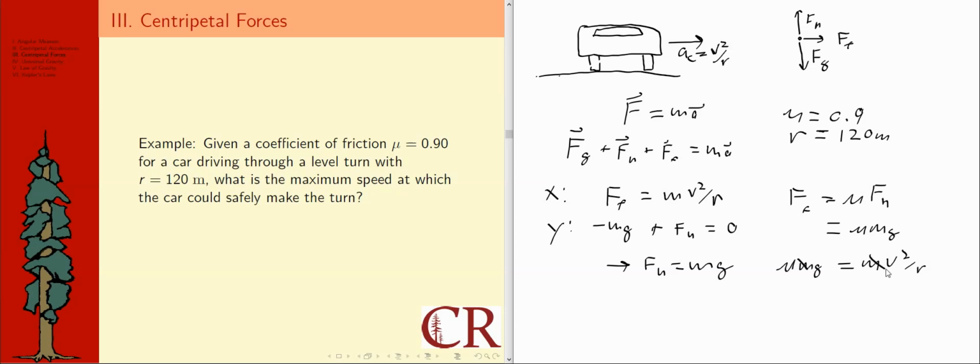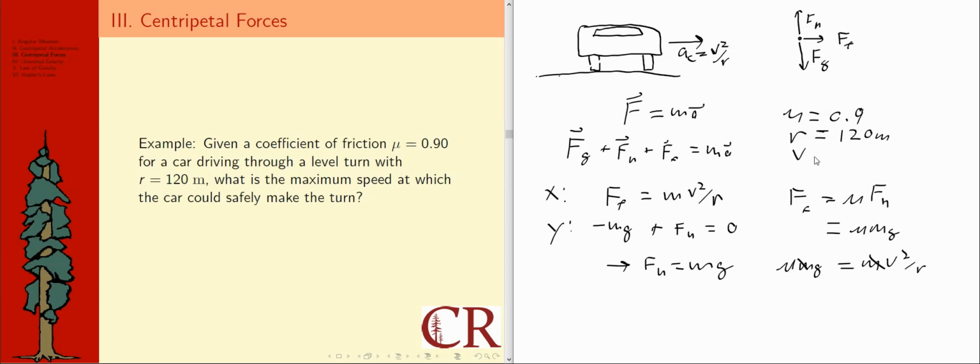We've seen it happen, so we should get used to the fact that sometimes m's cancel. In other words, it doesn't matter how big this car is for this situation, which maybe defies some intuition. Some people feel safer driving faster in a car that is big, but the laws of physics don't suggest that actually works.